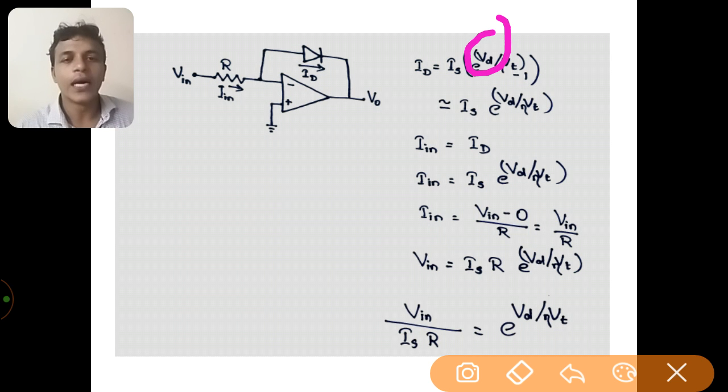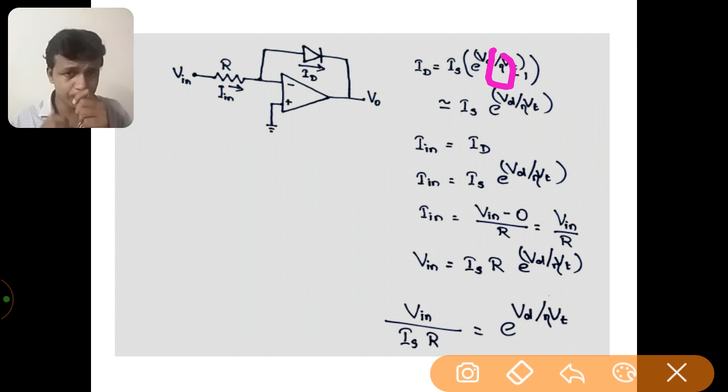Vd is the diode voltage. Eta is the ideality factor. Ideality factor means the factor by which the practical diode that we are using obeys the ideal diode. That is, to what extent the characteristics of a practical diode obey the characteristics of an ideal diode.